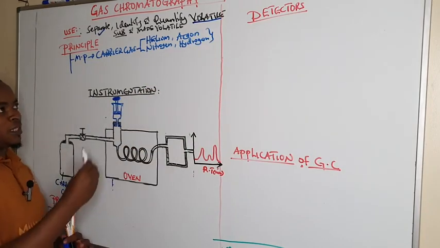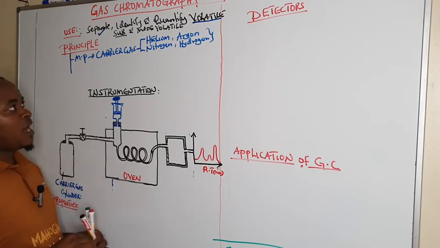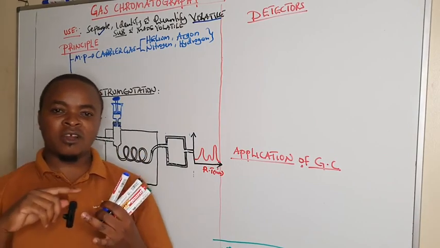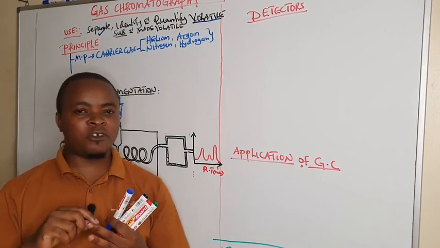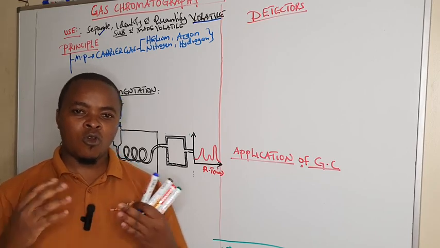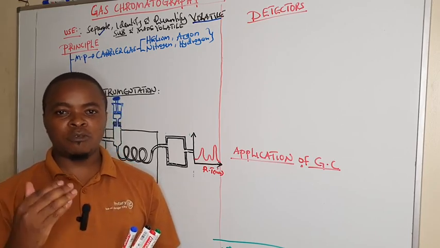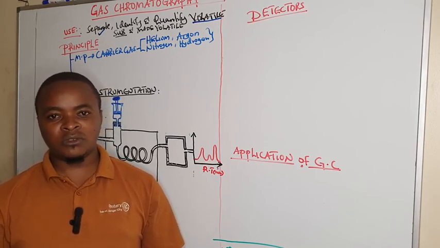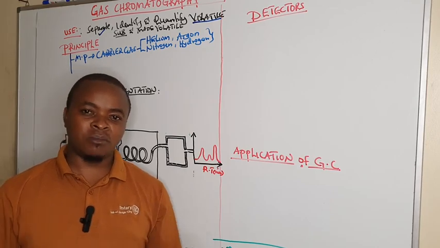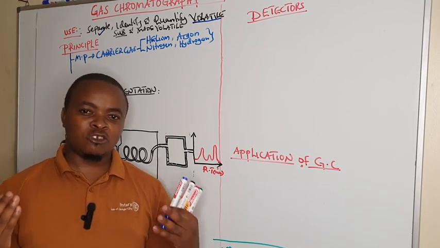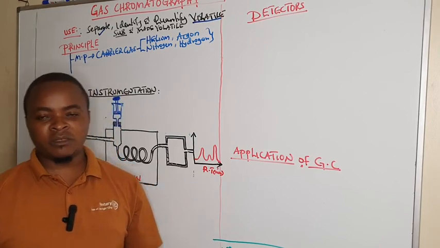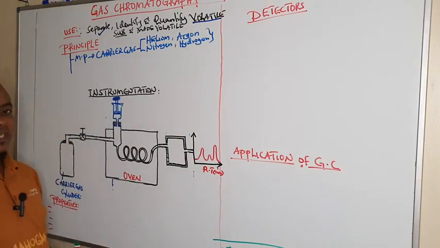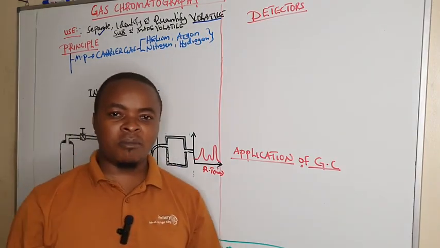We are going to see its properties later, whereby this gas must be inert, that is unreactive, should have high density, should be free from any air or water droplets, and should be compatible with the detector system which we are going to use. And they should be thermostable, that is, they should be stable in high temperatures. Those are the inert gases we are using as carrier gas in the mobile phase.